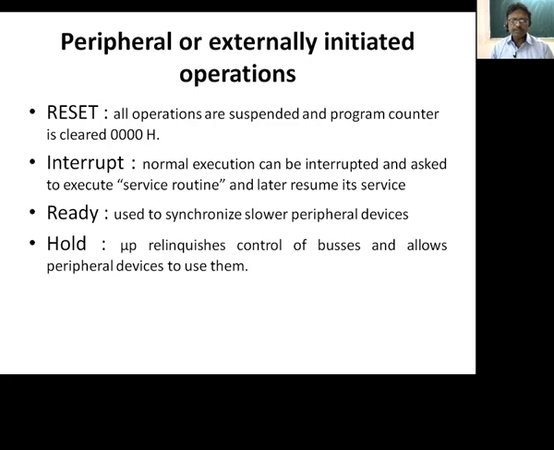The reason is very simple: whenever you want to transfer the data from one device to another, you require buses. And as far as the microprocessor is concerned, the address bus, data bus, and control bus, which are used for communication, are under the control of the processor.